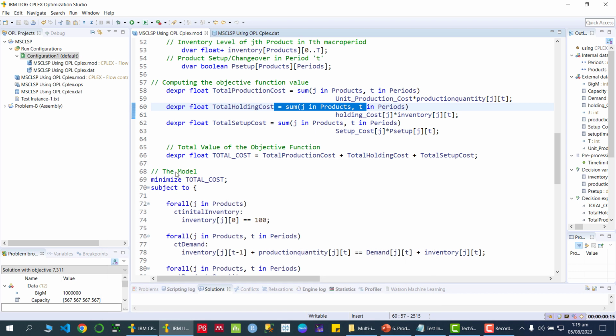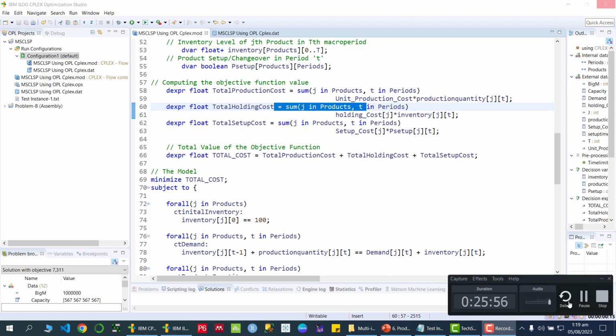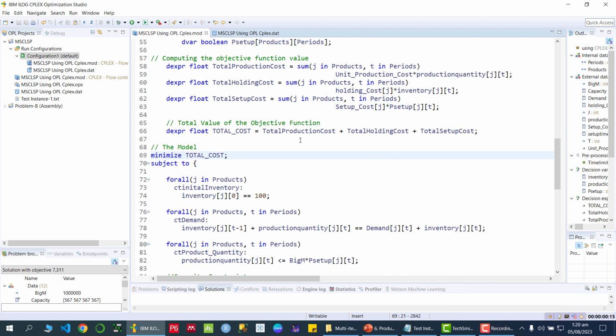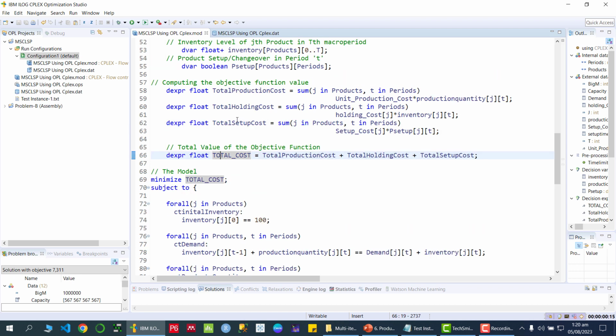The model is going to minimize this total cost, which is the sum of the total production cost, the total holding cost, and the total setup cost. So this is my objective function, and I want to minimize this total cost.